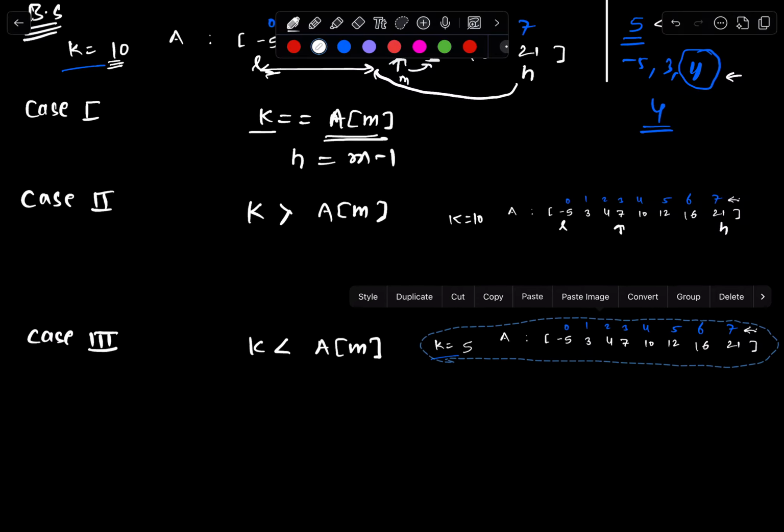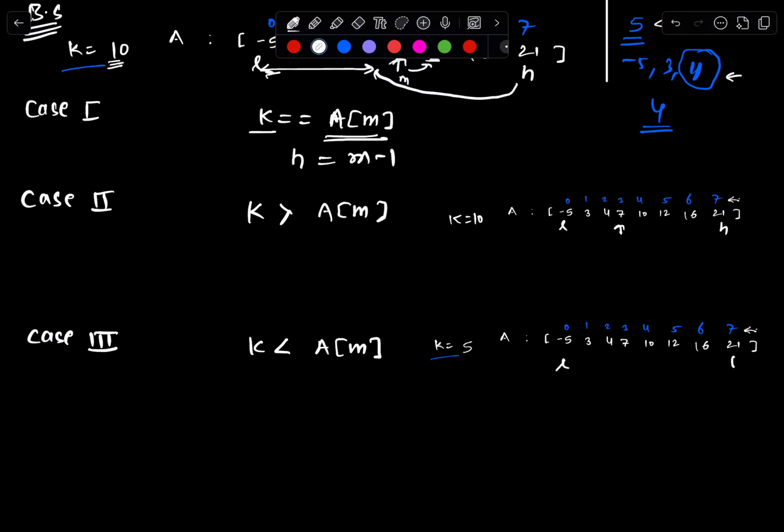This is L, this is H, and this is my middle element, let's say. My target, which is 5, is less than the middle element. Yes, in this case, it is true. So if the target is less than the middle element, where do we have to look for my possible answer?